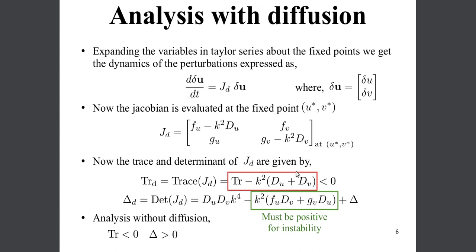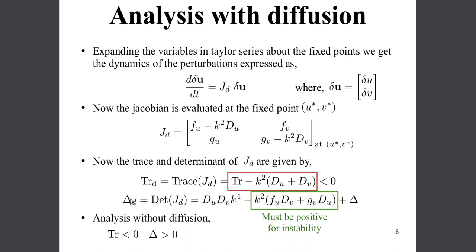So now if you focus on this delta D, you can see this term is positive, the du is positive, dv is positive, k to the power 4 is positive, and this delta is positive because from without diffusion analysis.